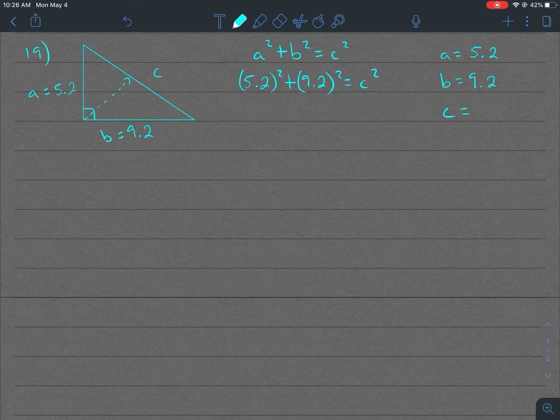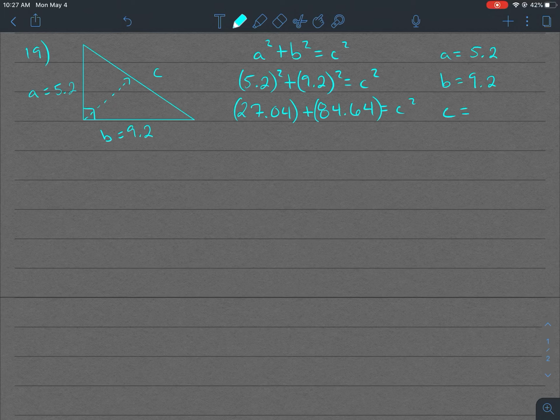Now if you do 5.2 squared in your calculator, or if you want to do it by hand, 5.2 times 5.2, you should get 27.04 plus, and if you do 9.2 squared, you should get 84.64. That equals C squared.